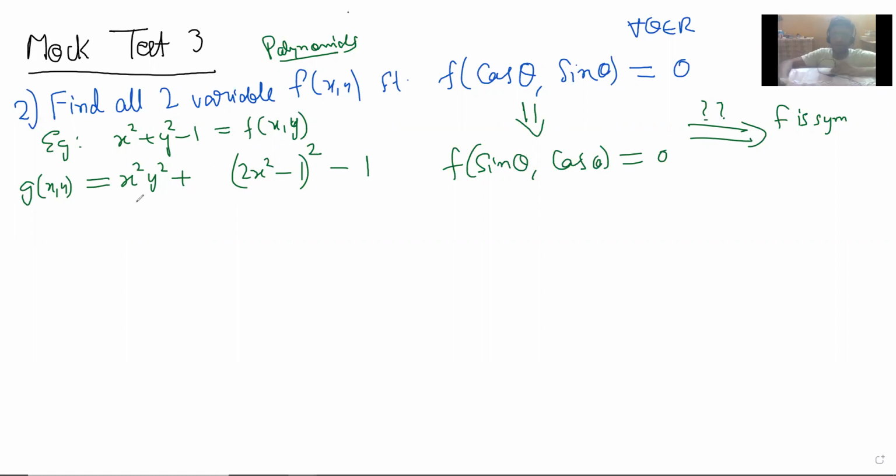Can you factorize this polynomial and somehow get x square plus y square minus 1? If you just expand, you will see. There's no delicate factorization here.